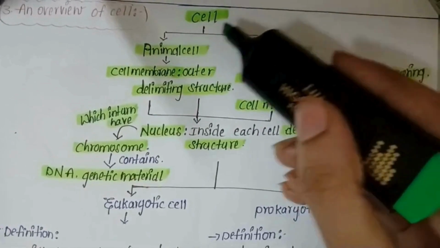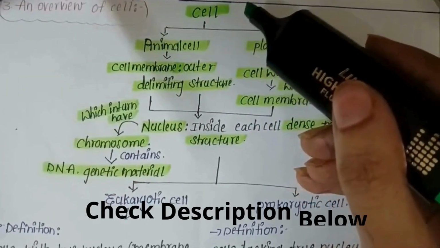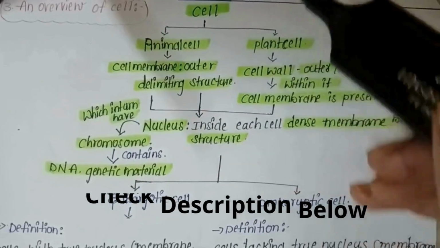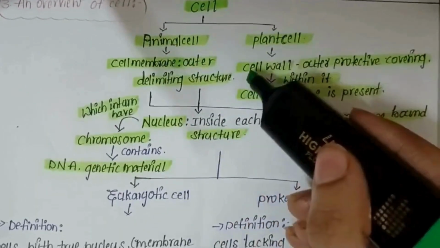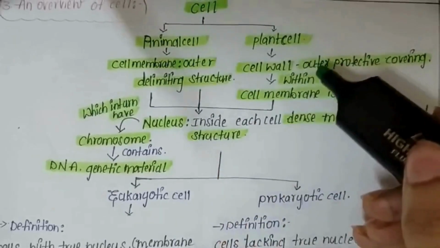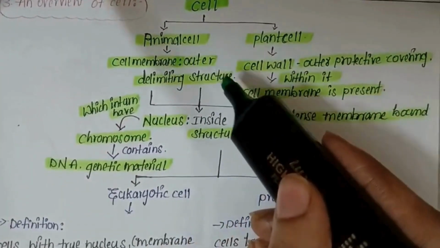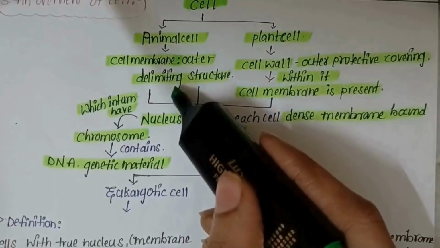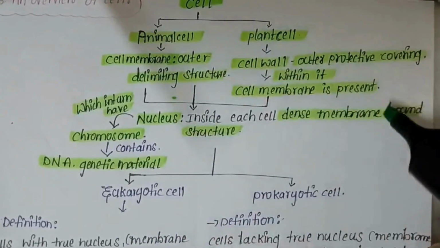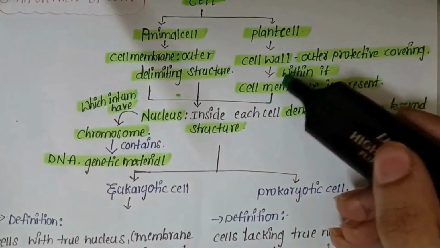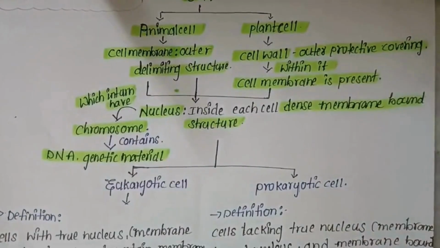We all know, as we discussed in our previous video, that the cell is the basic unit of life. There are two types of cells: animal cell and plant cell. In a cell there is an outer protective structure, which is the cell membrane in an animal cell. In a plant cell we have a unique character, a cell wall, which is an outer protective covering.